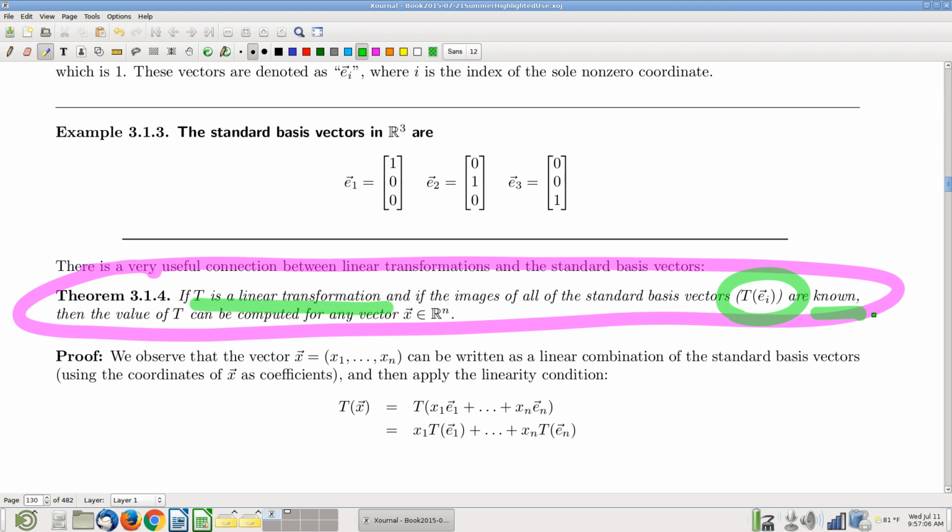If these are known, if you tell me the values of T at this handful of input vectors, I claim that completely characterizes the linear transformation. In other words, I can tell you all the other values of this function. It's almost like a magic trick.